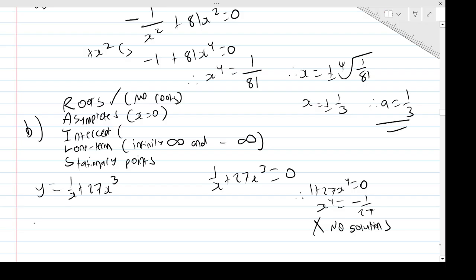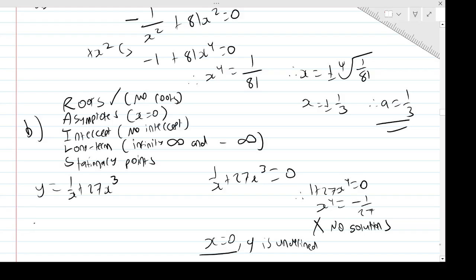So that's when x is equal to 0, the y-intercept. Well, actually, there is no y-intercept, right? Because x cannot be 0, because then you're dividing by 0. y is undefined. So there is no y-intercept either.